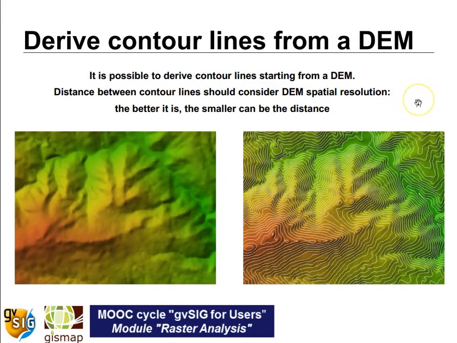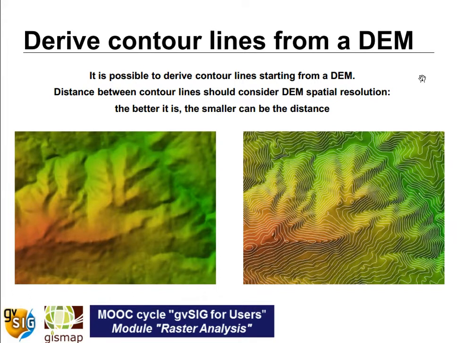What you can do with a digital elevation model, later on I will show you how you practically can obtain this. You can derive the contour lines. So you see this is the digital elevation model, and from this you can derive contour lines. For sure, remember that if you have a pixel size of 90 meters, you cannot derive extremely accurate contour lines.